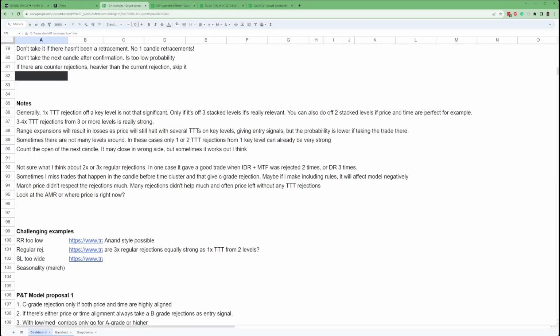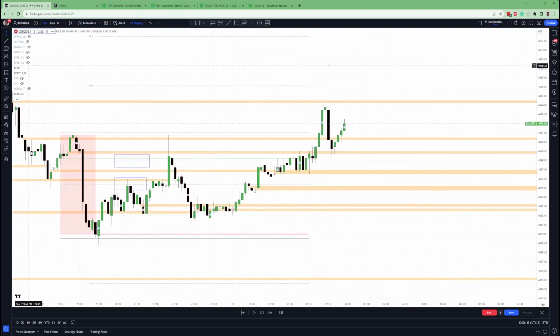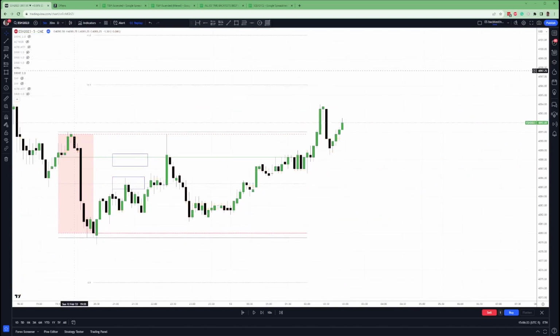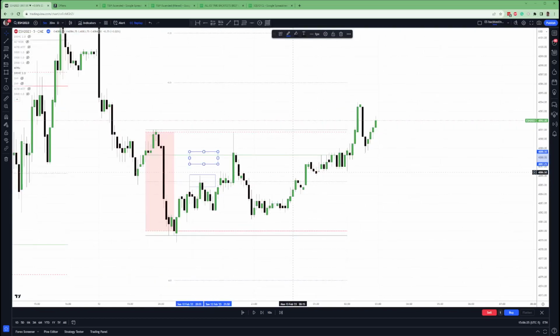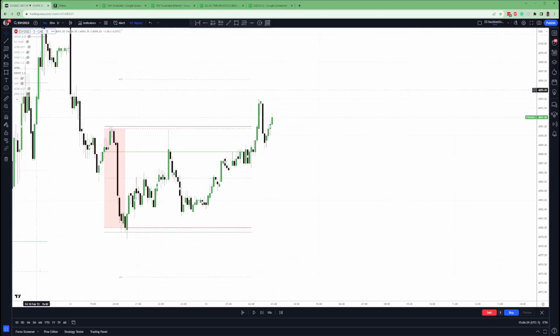Okay, so I think it's good to go over a few examples. Just to show you what I have on my chart here, this is of course the normal drive indicator, but I also have a special indicator that calculates the clusters for me.